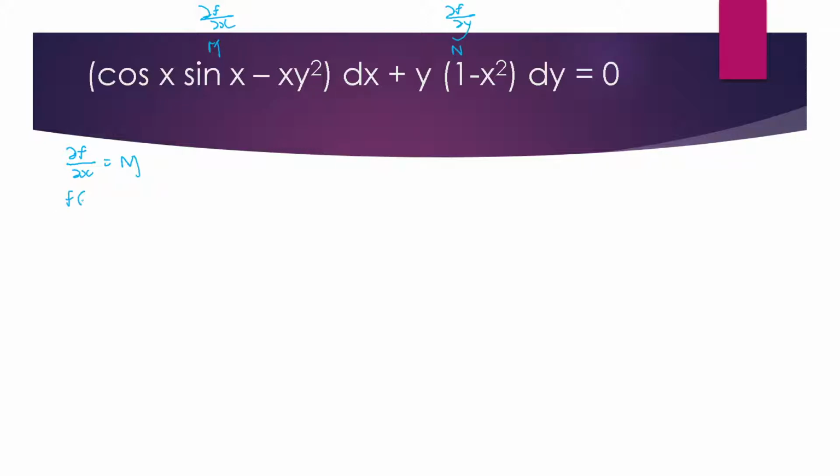Then f(x, y), you integrate M dx, meaning integrate the first term with respect to x: integrate cos x sin x minus x y squared dx. When you integrate with respect to x, y is constant. This one, cos x sin x is sin 2x divided by 2, dx.